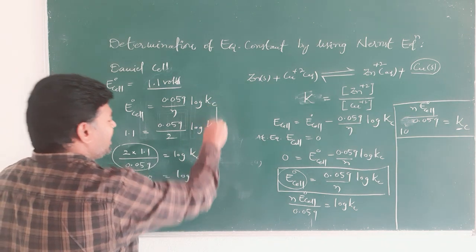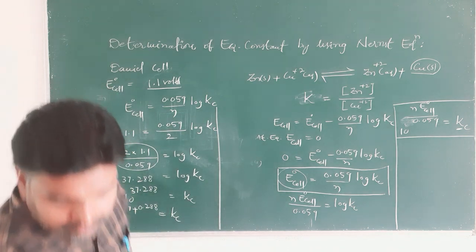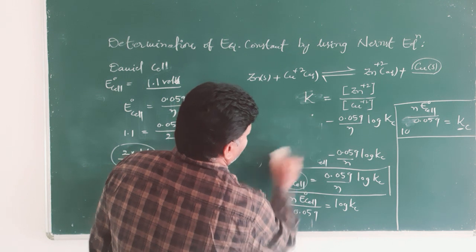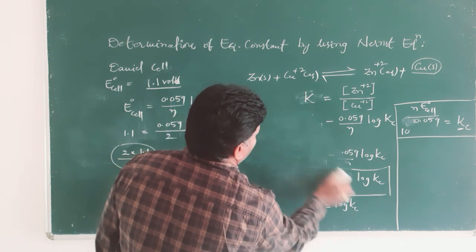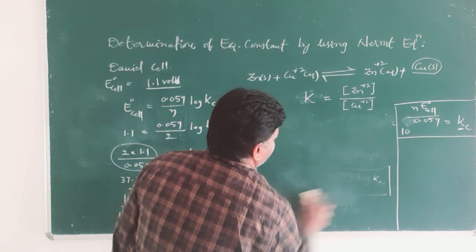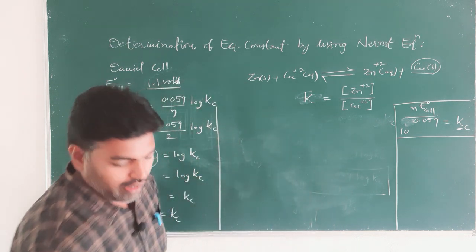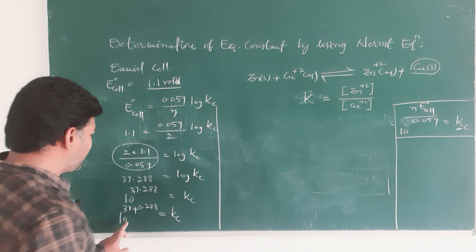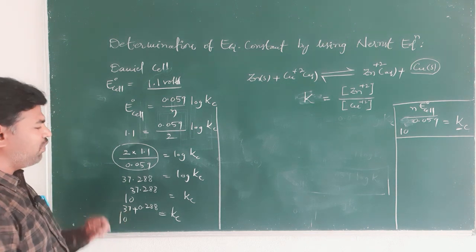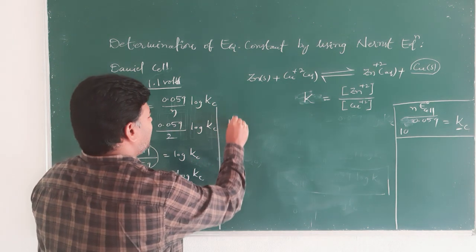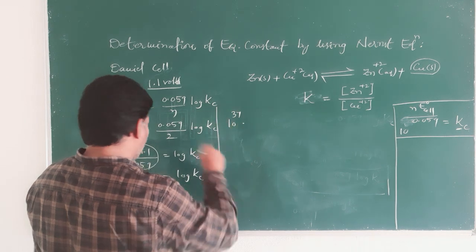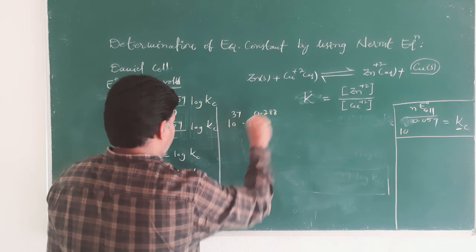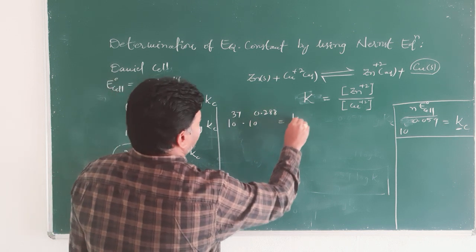In the next step, we can write this as 10 power 37 into 10 power 0.288 is equal to Kc.